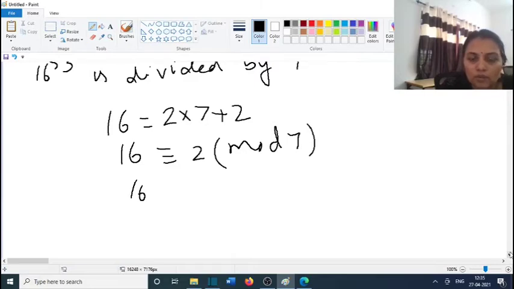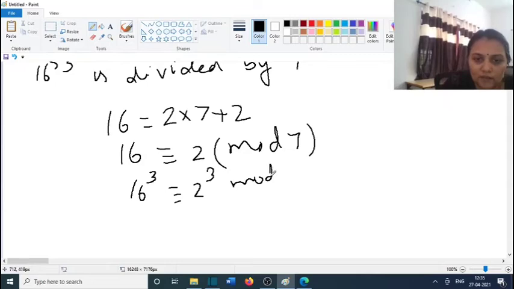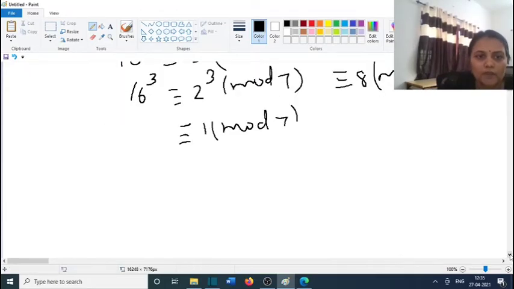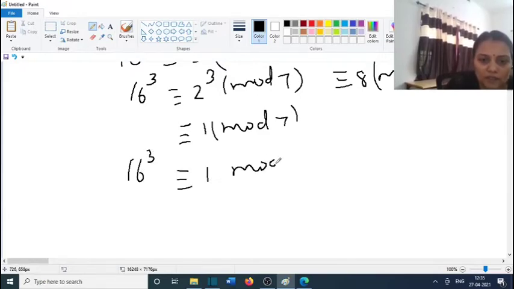So we know that 2 cube is 8, and 8 is 1 mod 7. 16 cube is congruent to 2 cube mod 7, which is congruent to 8 mod 7. Now we can subtract the multiples of 7, which is congruent to 1 mod 7. That is, 16 raised to 3 is congruent to 1 mod 7.